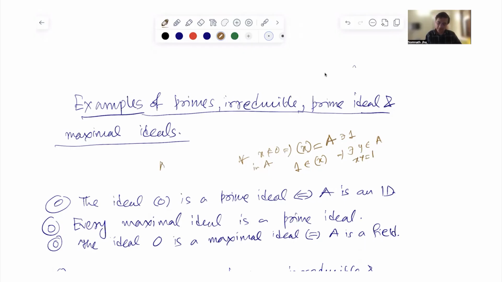Or you can say: if 0 is a maximal ideal, then A mod 0 is a field, and A mod 0 is isomorphic to A.